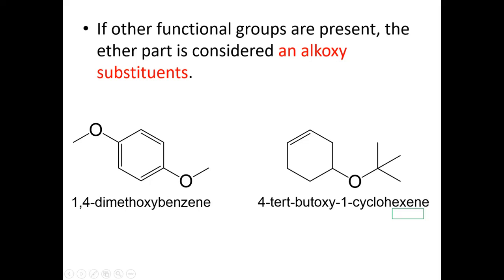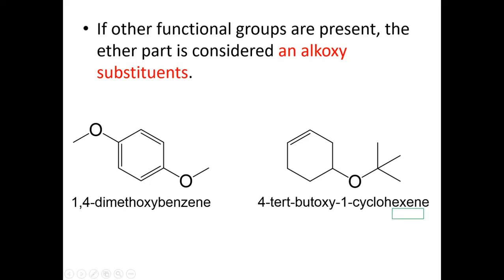Okay, for this structure, you have ether and it is attached to this structure, 1, 2, 3, 4, 4 carbon. So 4 carbon is tert-butyl actually, but when it combines with oxygen, it will become tert-butoxy. Why tert? Because this carbon here is a tertiary carbon.